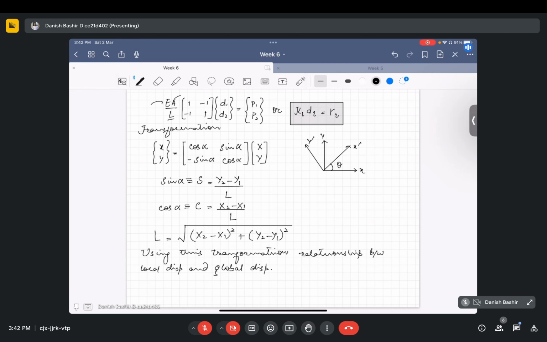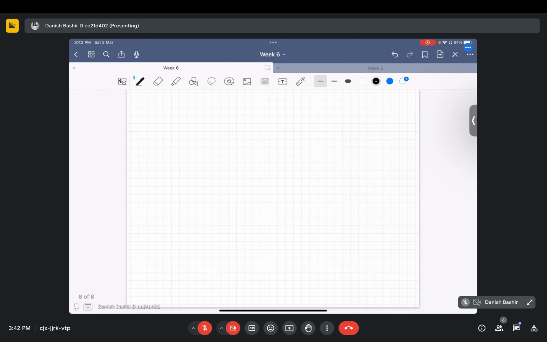For the local displacements d1, d2, we can easily transform into the global by this transformation matrix: cos, sine, 0, 0, then 0, 0, cosine, sine. You have to remember this. The global displacements are u1 v1 u2 v2.